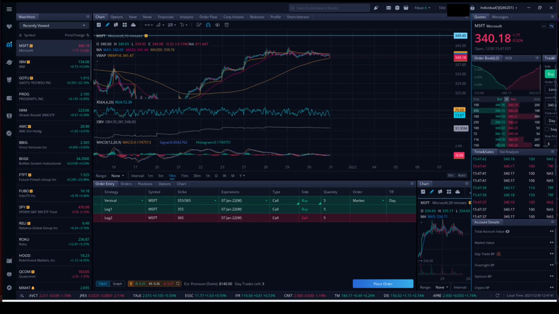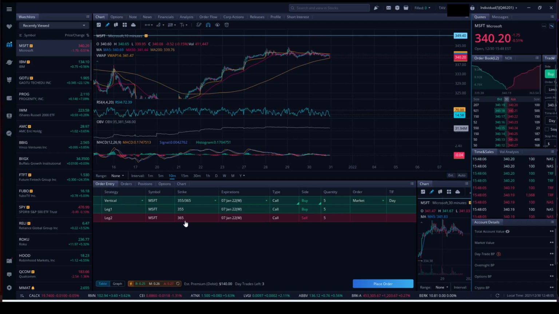Just letting you know that this is technically a level 3 option strategy, so you have to have access to naked call rights. That's only because technically, when you're doing this, you are writing a naked call, even though you're also buying a call at a lower strike price so that you offset your collateral. You will not have that same collateral risk.